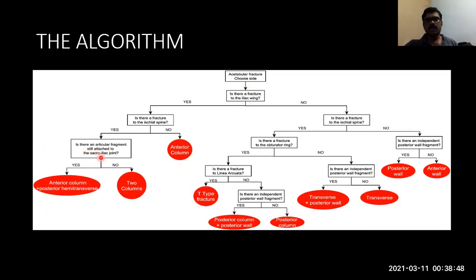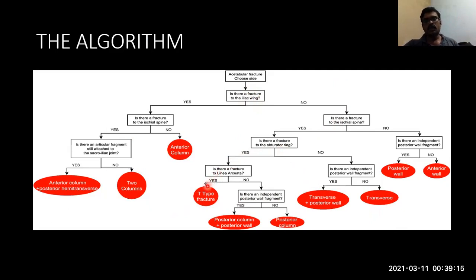If there is no ischial spine involvement and there is only anterior column involvement, it becomes an isolated anterior column fracture. Now, if there is no iliac wing involvement and there is an ischial spine involvement, there are five possibilities. These can be distinguished by further questions: whether there is involvement of the inferior part of the obturator ring. If it is yes, two more questions we have to ask: whether there is involvement of the inlet of the pelvis, which means that it is a T fracture.